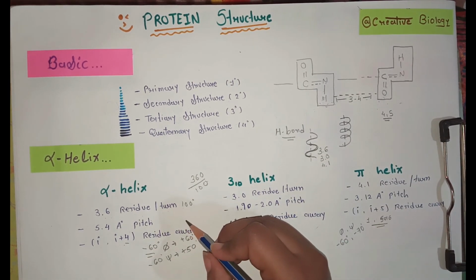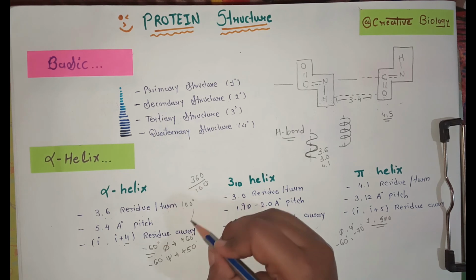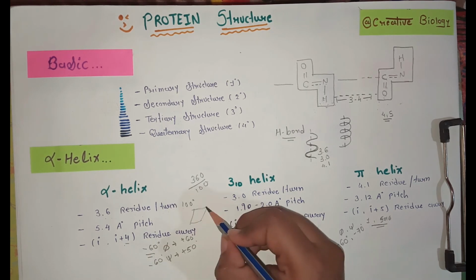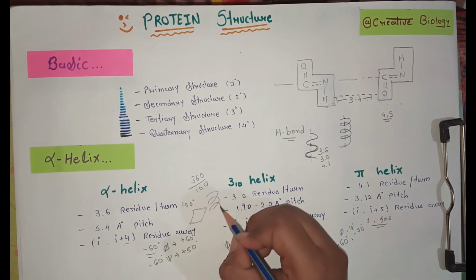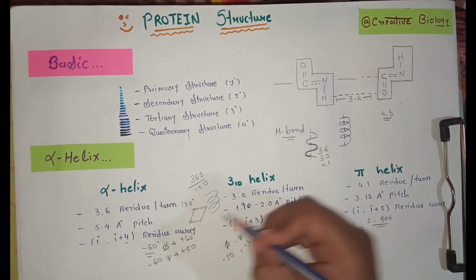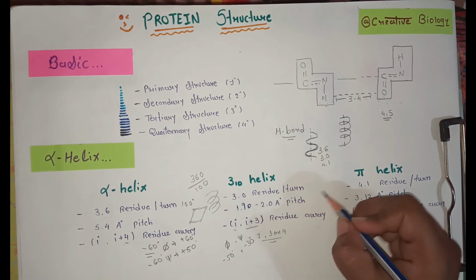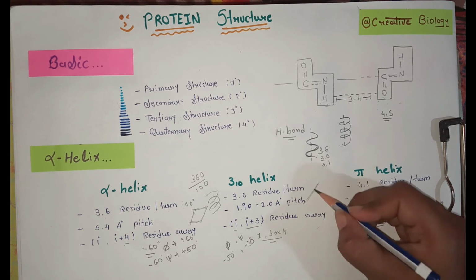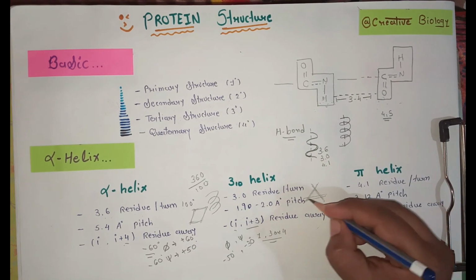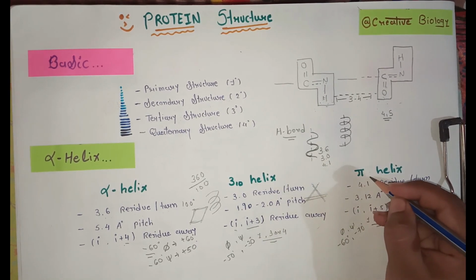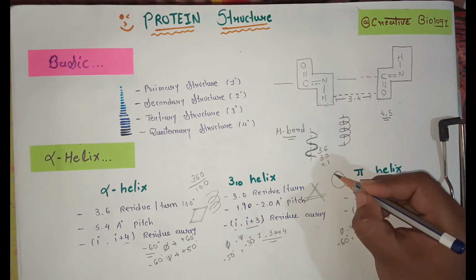In the alpha helix, the top view looks like a square, while in the 3-10 helix, the top view looks like a triangle, and the pi helix seems circular from the top.